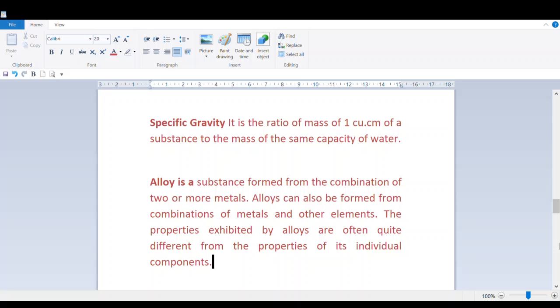You make a small box of 1 cubic centimeter, put water in that, and that is the mass of water. So it is the ratio of 1 cubic centimeter of substance to the same capacity of water. It is not saying the volume. First is the volume, second is the mass of the same capacity of water.